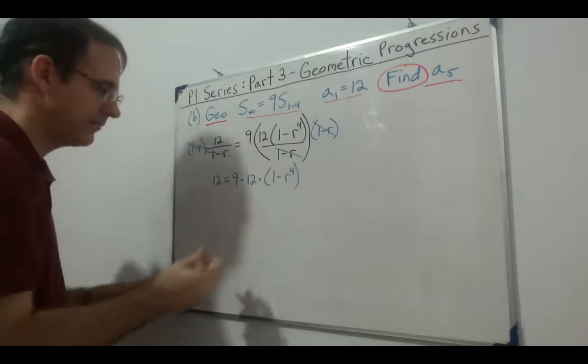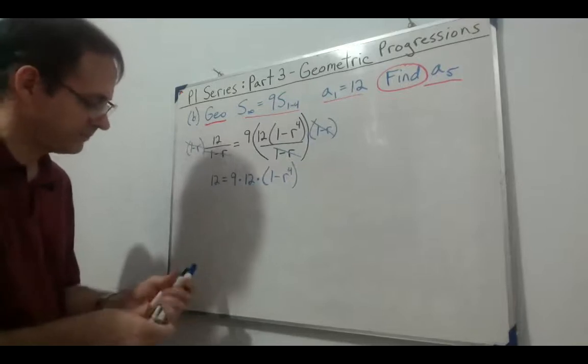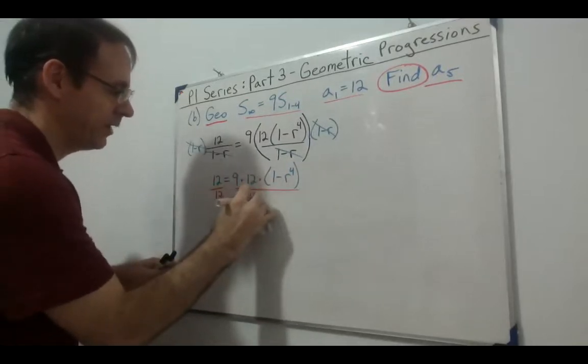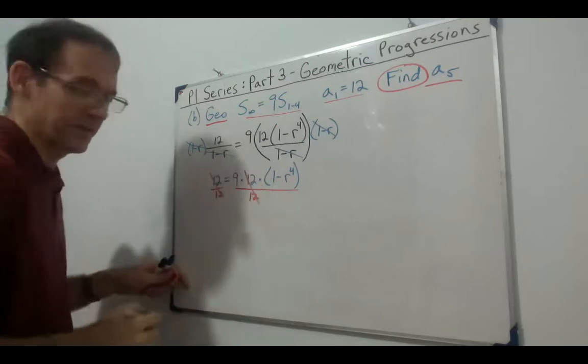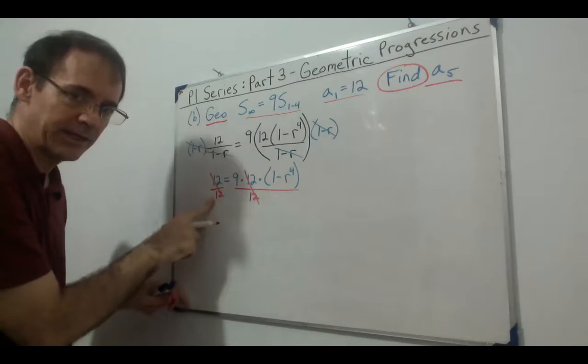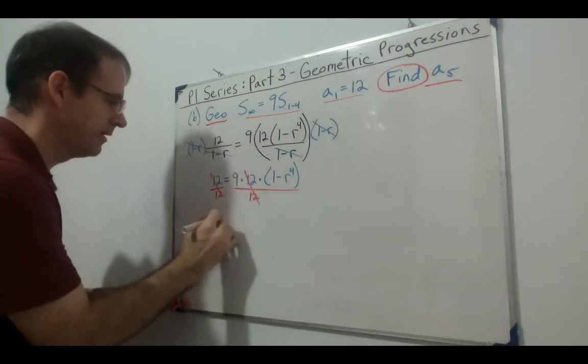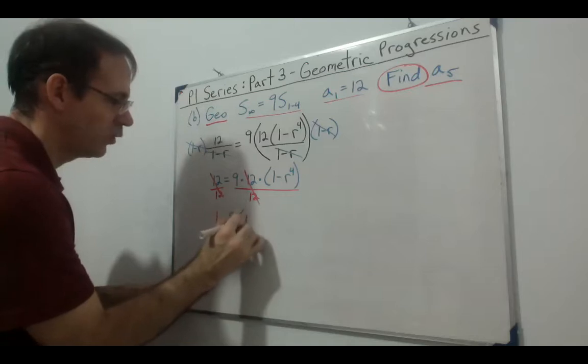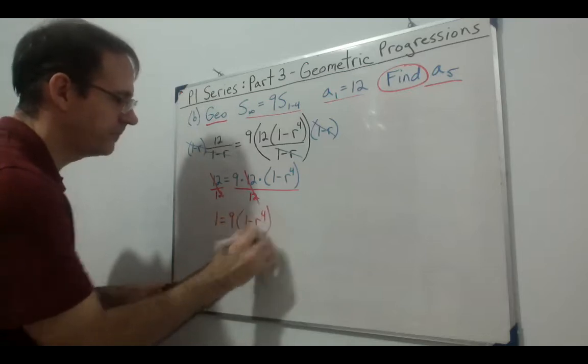So if we divide everything by 12, here we see this cancels. Now this is not 0. Anything divided by itself is 1, equals 9 times 1 minus R to the 4.